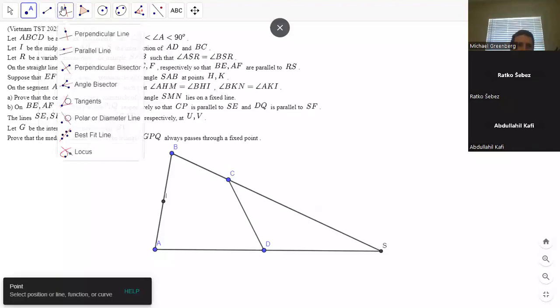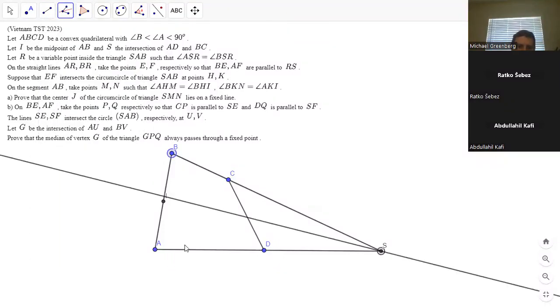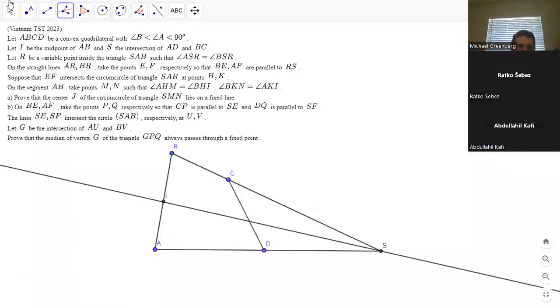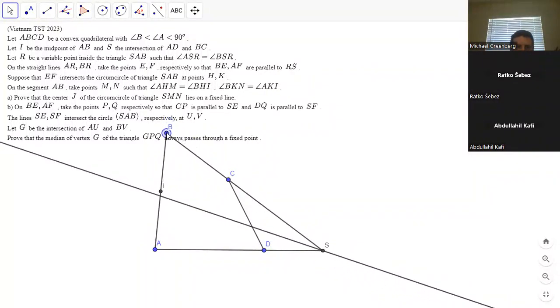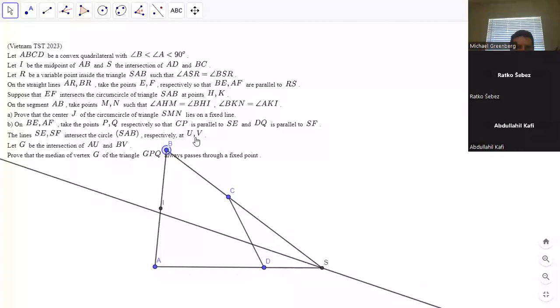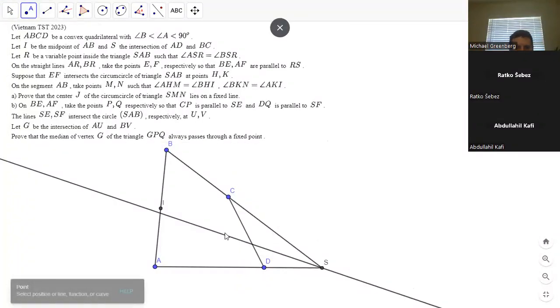Maybe it's better to do S at the top. So that should not pass through I, it's just an illusion. So I could make it pointy like that. And R is some point like right here, on the bisector.